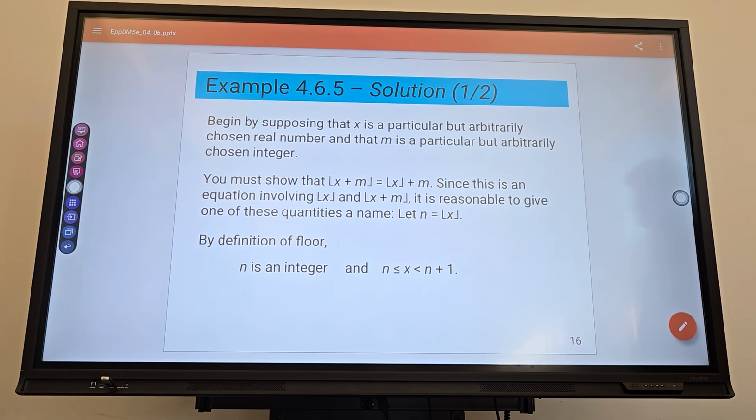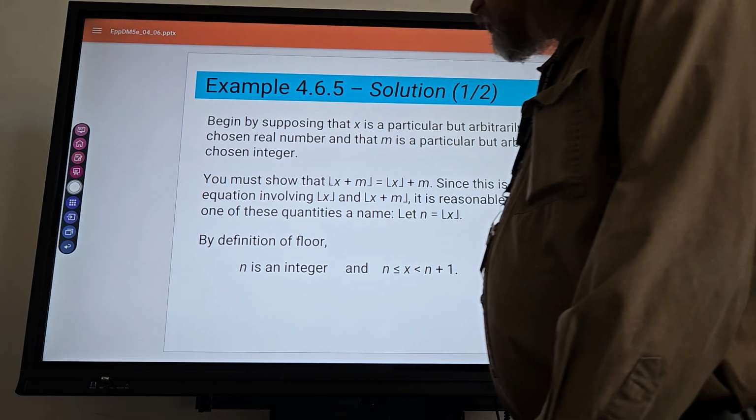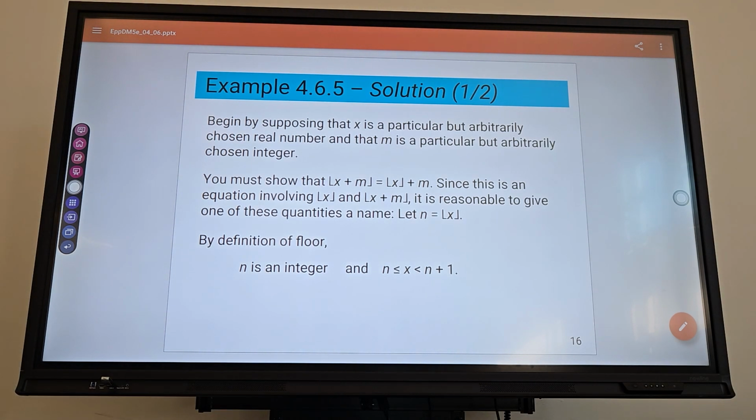You must show that the equation is true, since this is an equation involving the floor of x and the floor of x plus m. It is reasonable to give one of these quantities a name. Let n equal the floor of x.